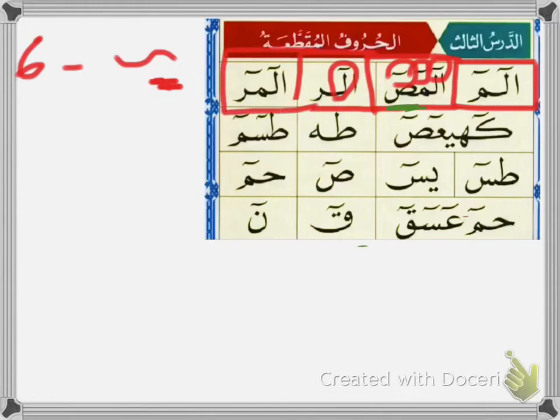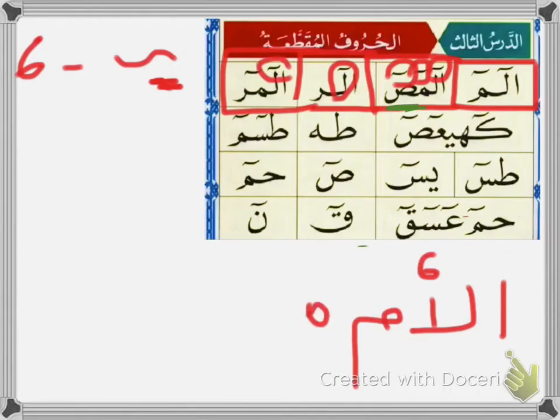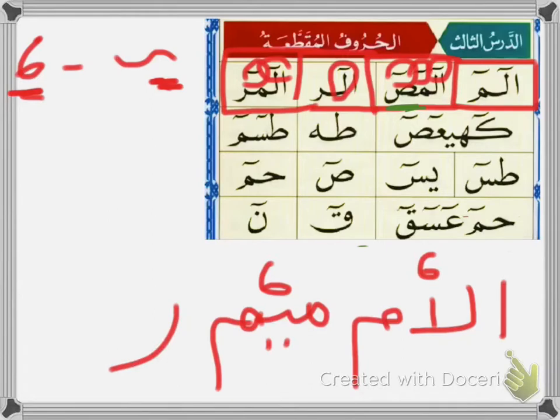Okay, so we have Alif, we have Lam. Again, we said Lam is 6, it has a sign on top of it over here. And then we have the Mim. The Mim has the same sign over here. That's for the Mim. So how much? 6. And then we have the Ra.